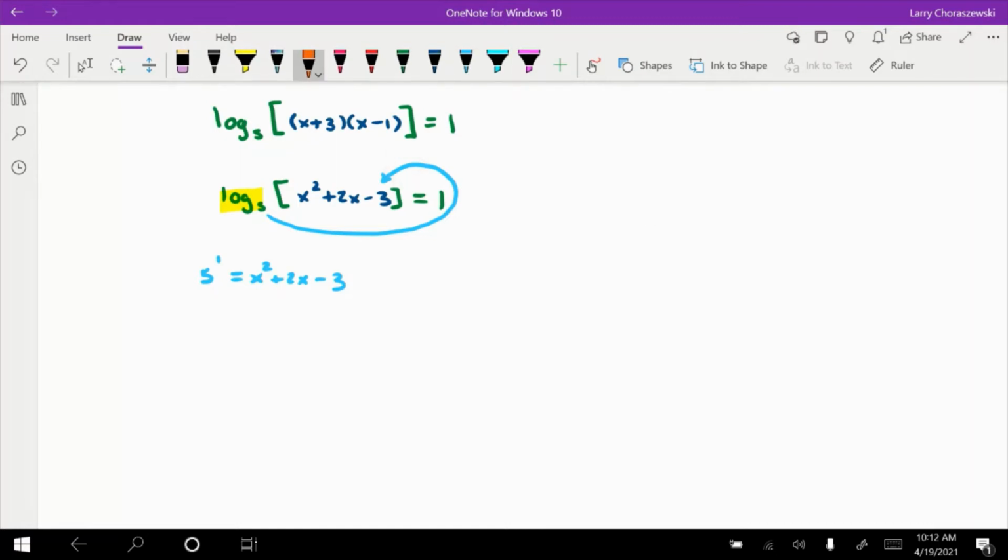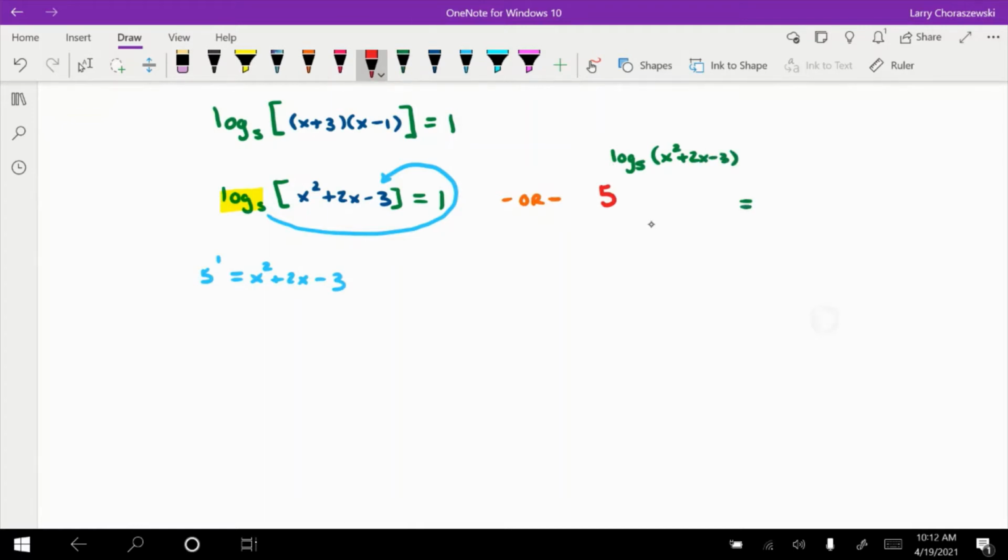There is a BS method for log equations as well, provided that the equation is written in this format. So I'm going to say or, and what we could do alternatively is raise each side using a base 5. So check this out. The left-hand side, I'm going to write as 5 to the power of log base 5 of the quadratic expression.